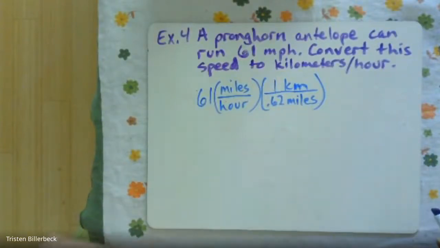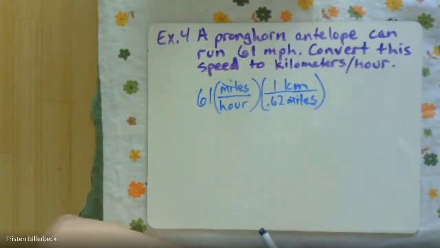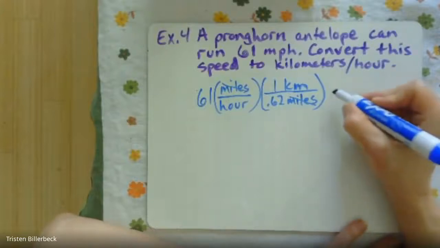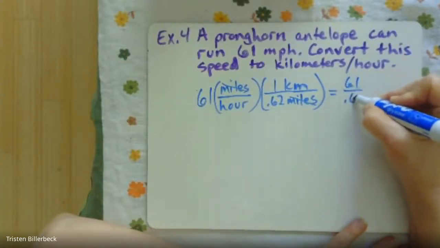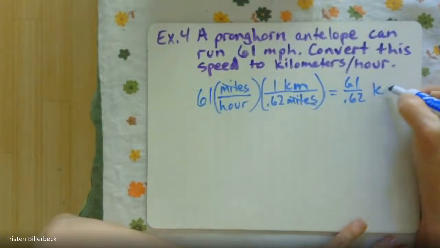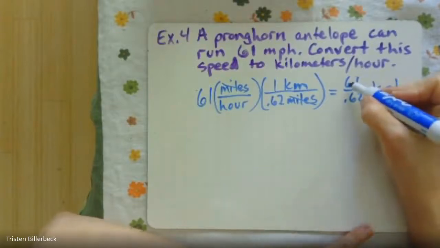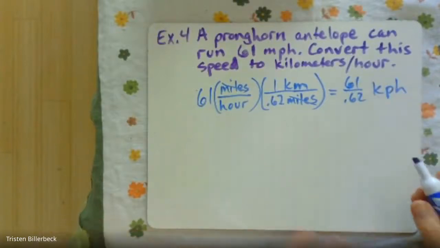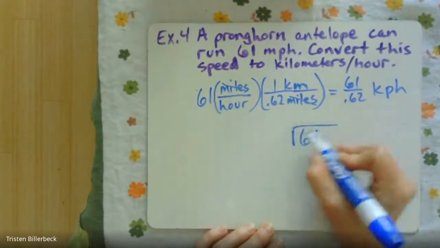So we can make them as a ratio. So miles cancels, and we're going to have kilometers per hour. So we end up with 61 divided by 0.62, and we have kilometers per hour. But we need to know what 61 divided by 0.62 is. So we use our dry erase calculator.